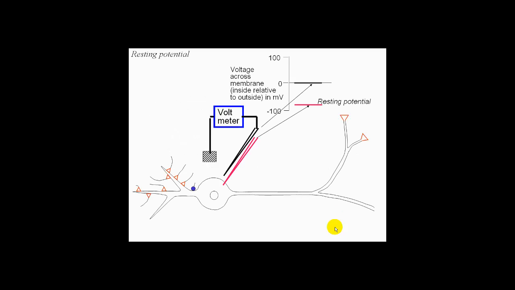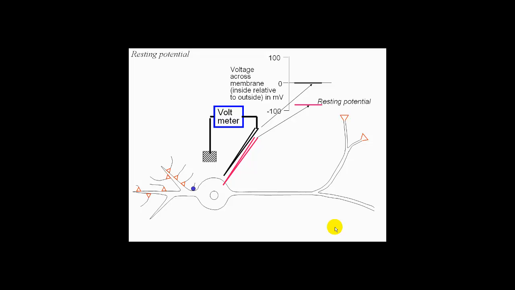Okay, so here's our nerve cell again. Same picture that we had before, with the cell body and the dendrites and the axons, the axon terminals, excitatory inputs, inhibitory inputs.